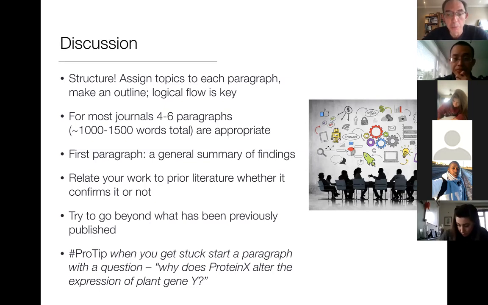You can say, okay, we observed that this mutant has this phenotype, but in the paper from 2 years ago, they didn't report that phenotype. Maybe we had a different background, maybe we grew the plant in different conditions, etc. So this is where you discuss all those things. And also, this is where you try to go beyond what has been previously published, again talking about implications and what your results mean for the future of the topic you're studying.